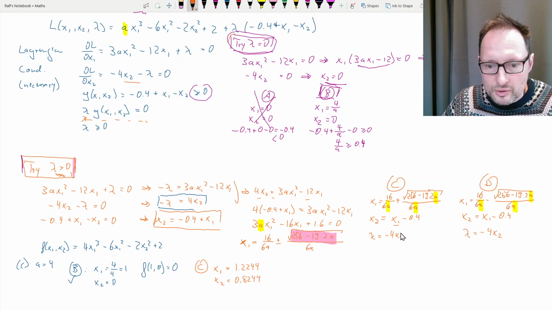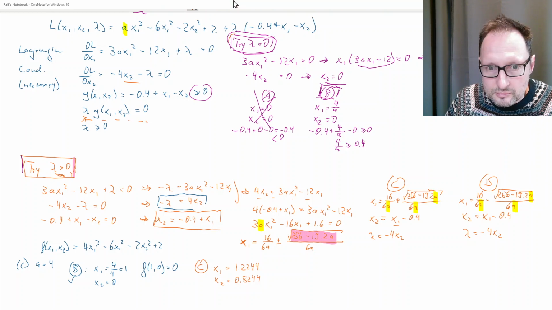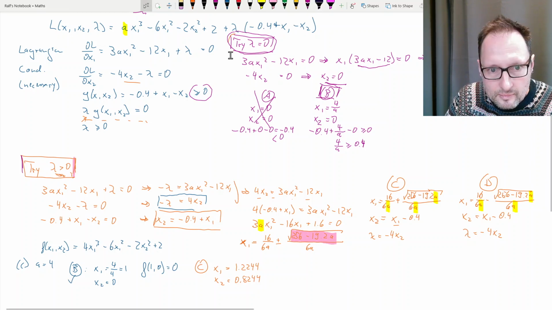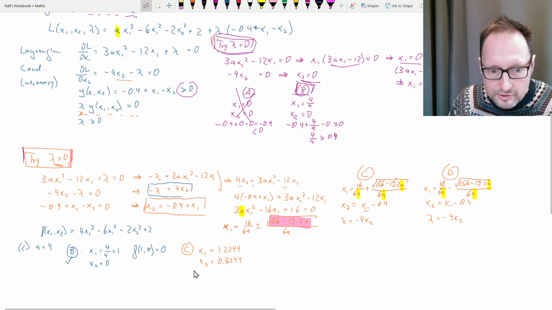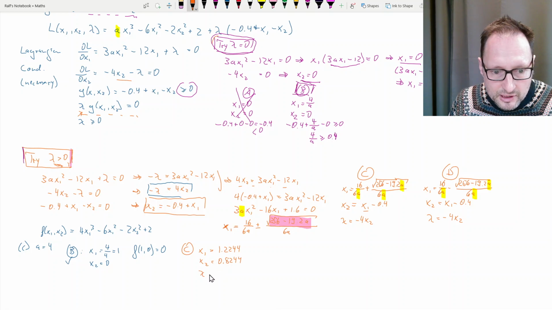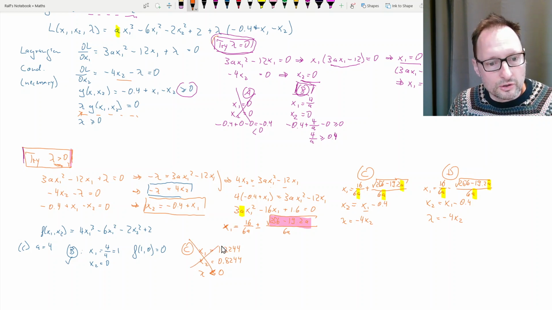Then we know what the lambda will be, because it's going to be negative 4 times x2. So lambda is going to be negative 4 times 0.824. And really all we need to know from here is that that lambda is smaller than 0, because it's negative 4 times something positive. That means for this value of A, C is not a candidate solution.